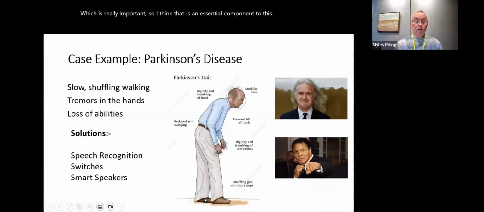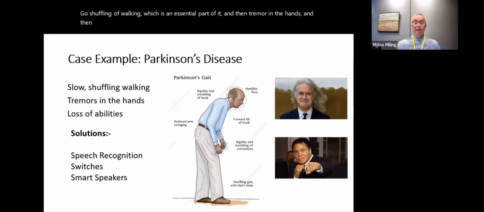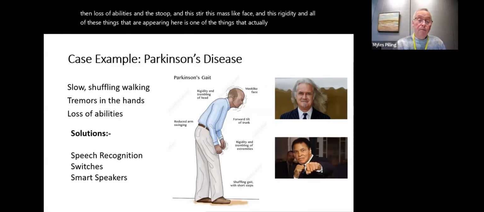Let's take, for example, Parkinson's disease. And you see a slow shuffling of walking, which is an essential part of it, and then tremor in the hands, and then loss of abilities. And this stoop and this mask-like face and this rigidity and all of these things that are appearing here is one of the things that actually really causes a huge difficulty to people.